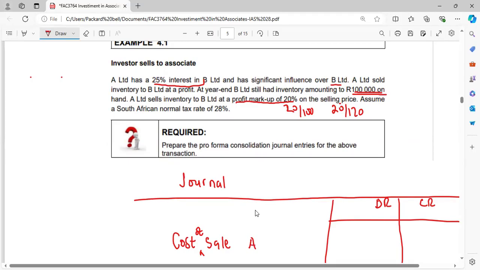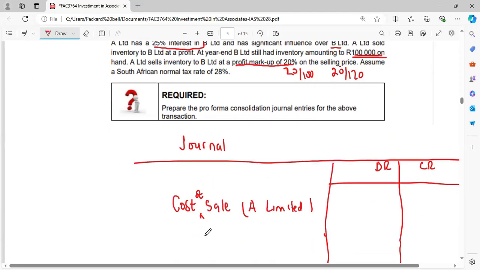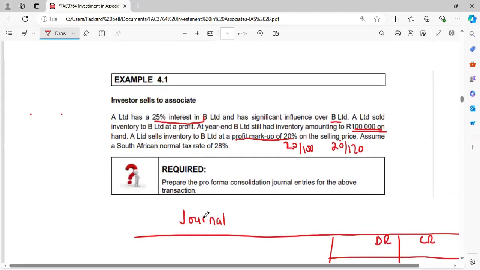So we're going to A Limited, right? Then we are also going to credit who? Inventory. Who is holding the inventory here? It is B Limited, yes.